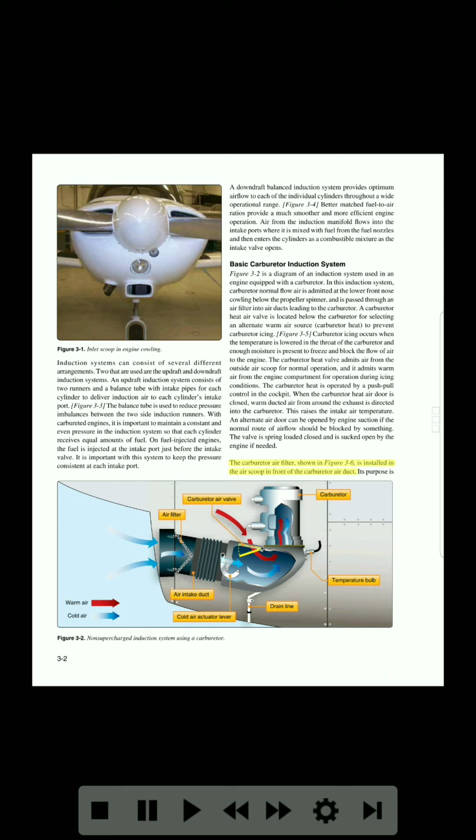The carburetor air filter, shown in Figure 3-6, is installed in the air scoop in front of the carburetor air duct.